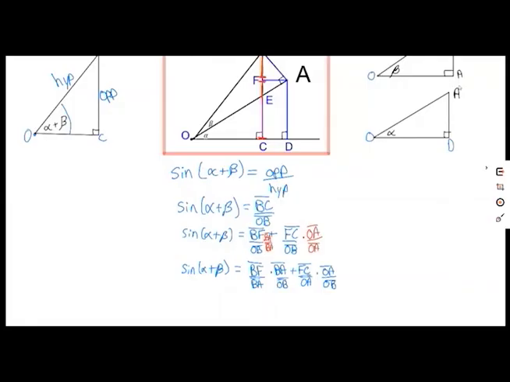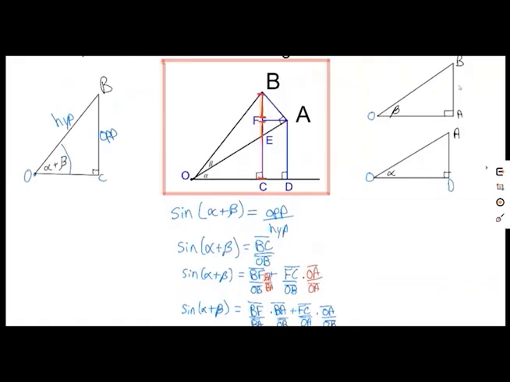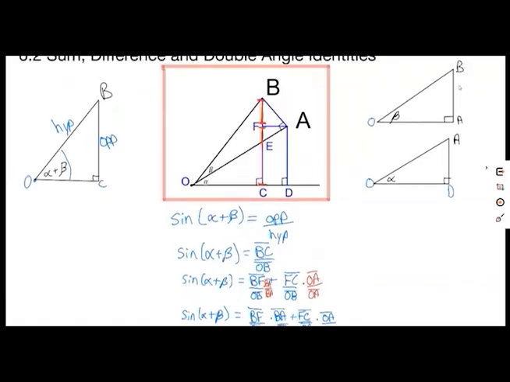So let's start with our OA over our OB. If I see OA over OB, the cosine of beta is OA over OB.